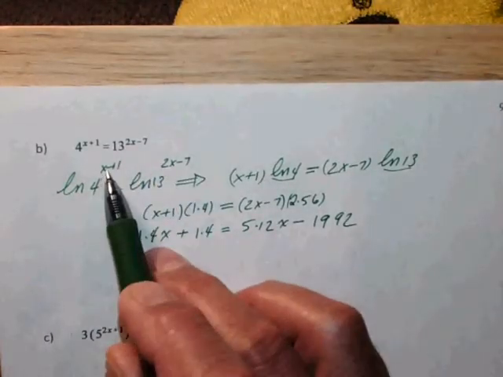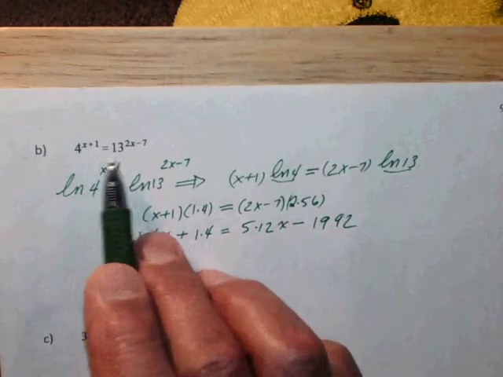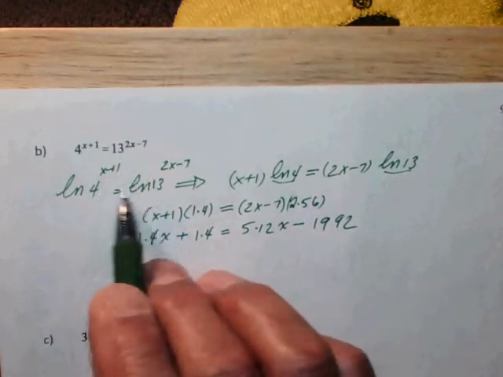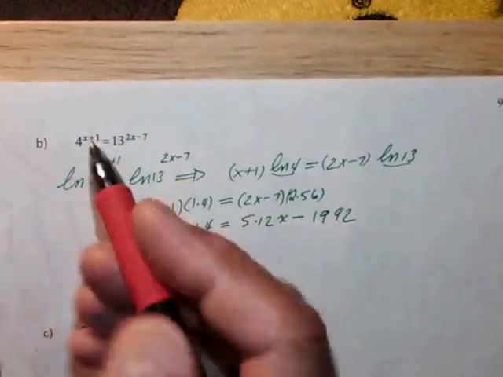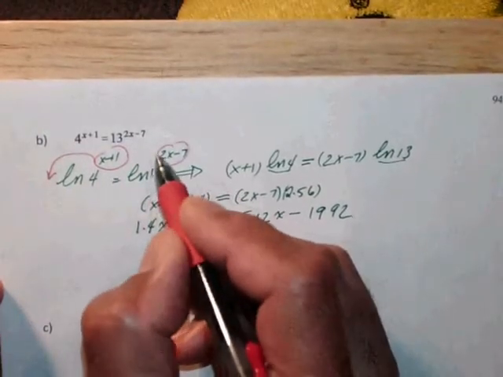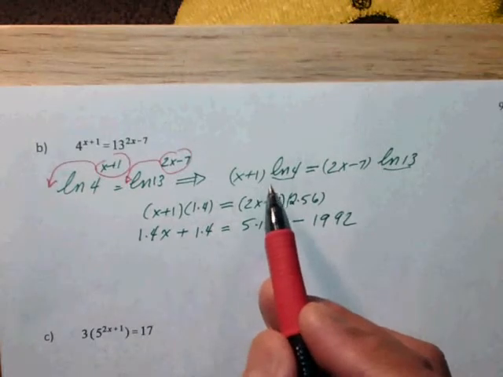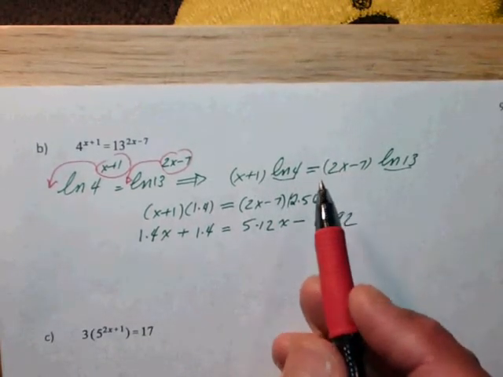Okay, so let me explain what I did. First thing I did, I took the natural log of both sides because the bases are different. This is type 1. Now that we get this, this exponent here can come over here, this exponent can come over here. You see, that's what we did by one of those properties from the previous section.